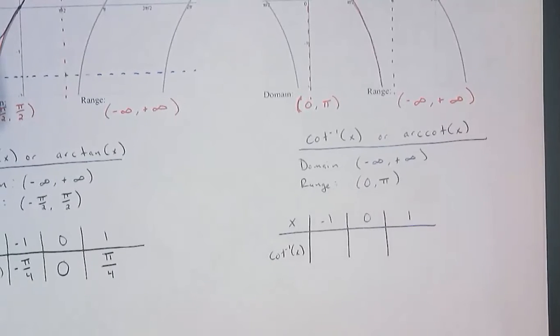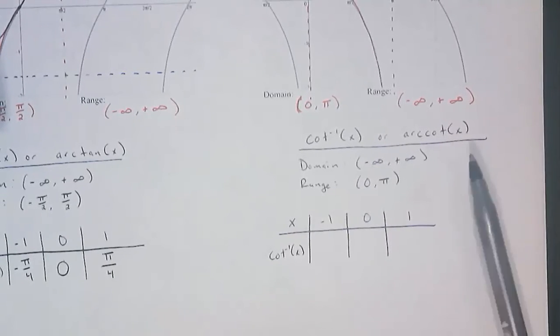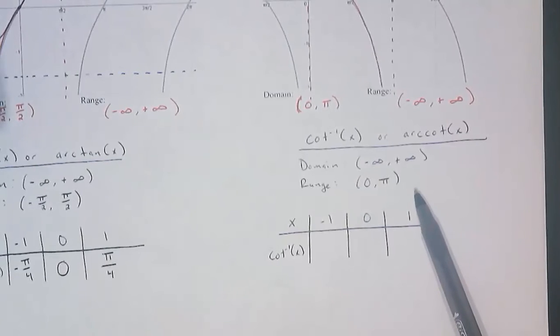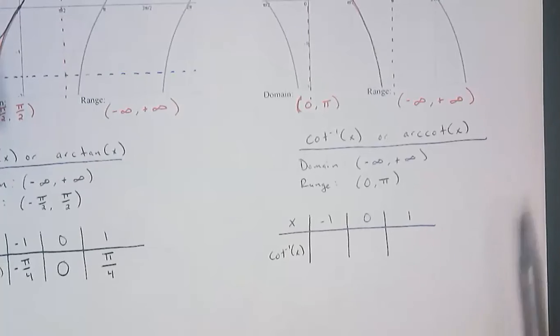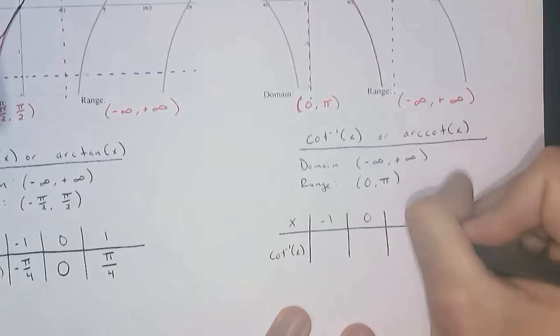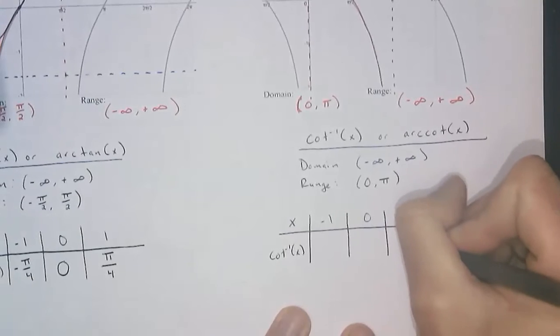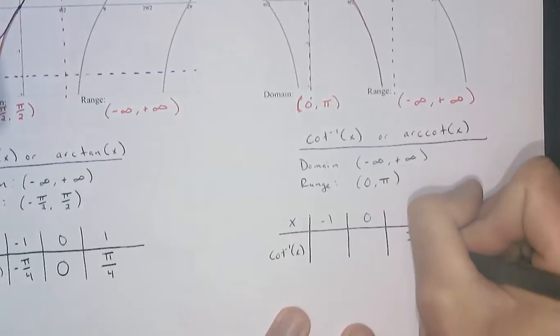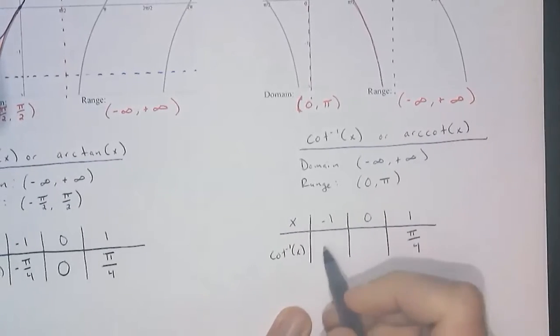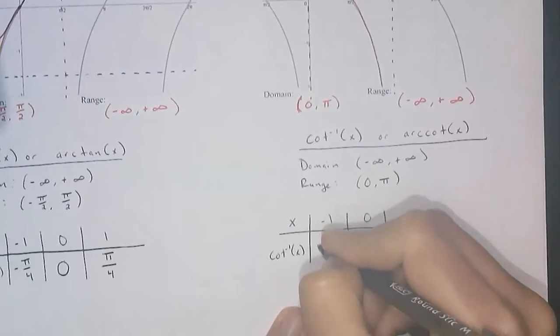So cotangent of 1, oh, we got to be tricky now because our domain, oh no, it doesn't matter. So we get a cotangent of 1 also at pi over 4. And a cotangent of -1 also at negative pi over 4.